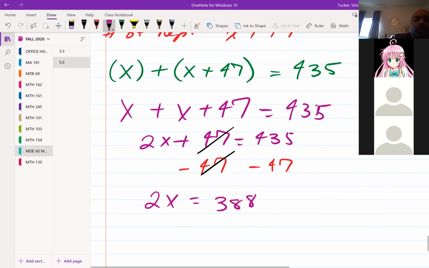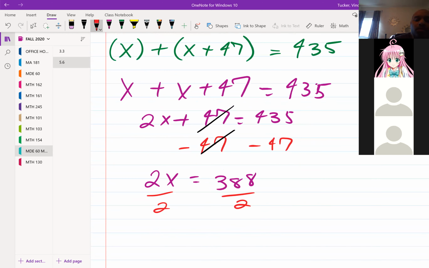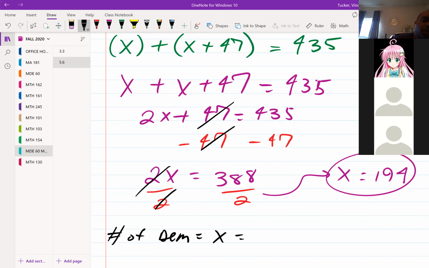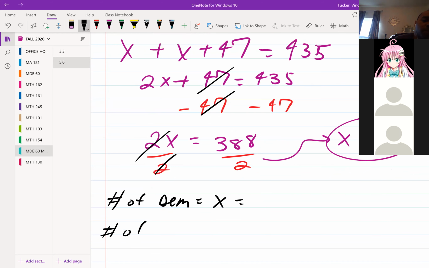And then divide by 2. We get 194. All right, questions before we look to finish it off?